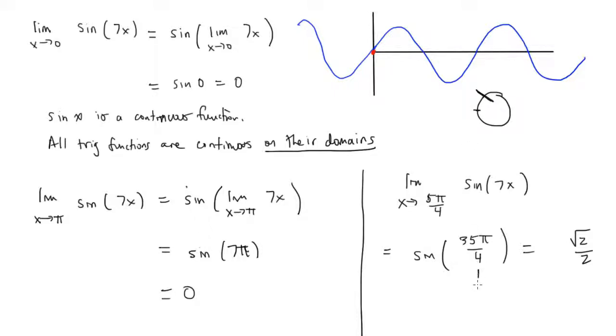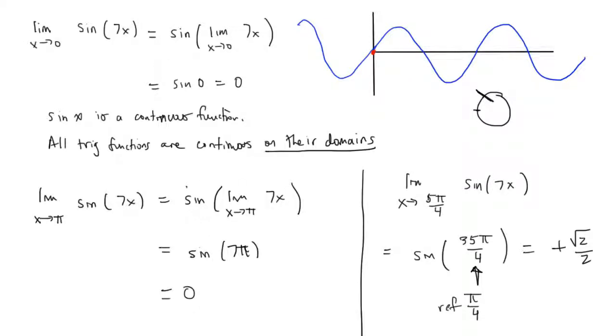So in fact, this is the same as pi fourths, and so we'd say its reference angle is pi fourths, and so we have the plus one here instead of the minus. But essentially what this comes down to, at least for right now, is that if the function is nice, you're allowed to just plug it in.